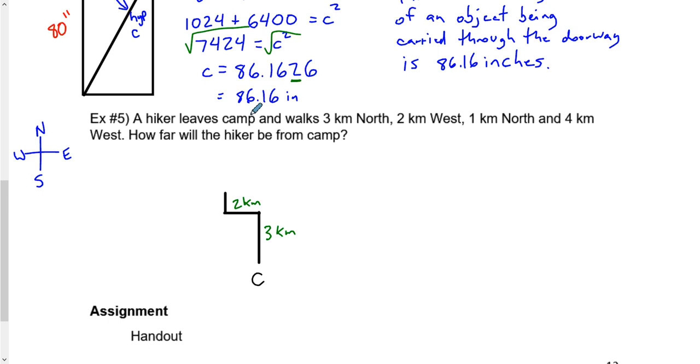And that 1 kilometer north is there. And then 4 kilometers west. So let's make that a nice big one. There's 4 kilometers. Now, obviously, it doesn't have to be perfect, but it does have to be something that's readable.